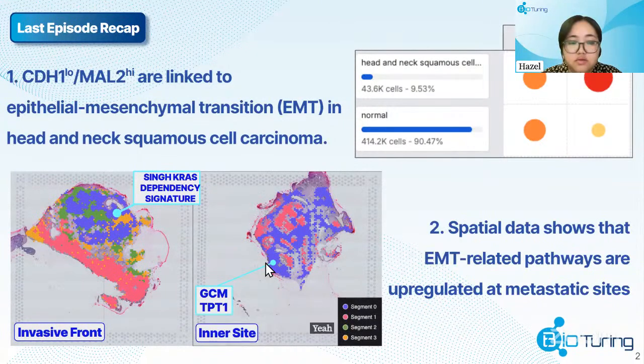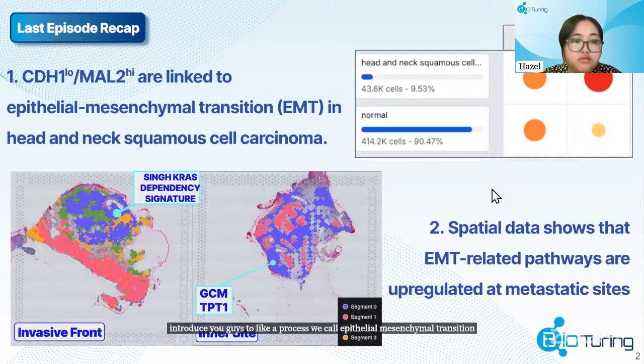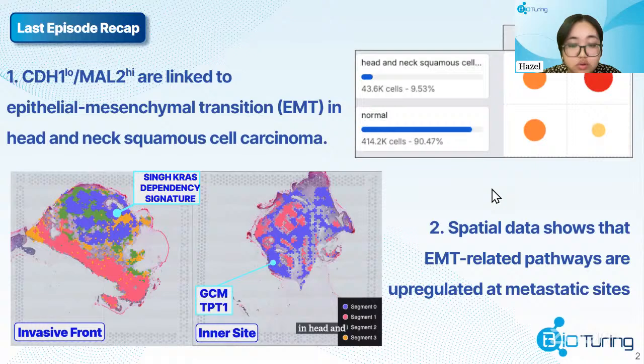Yeah, sure. So last week we introduced you to a process we call epithelial mesenchymal transition, which is very famous and very crucial in head and neck squamous cell carcinoma.